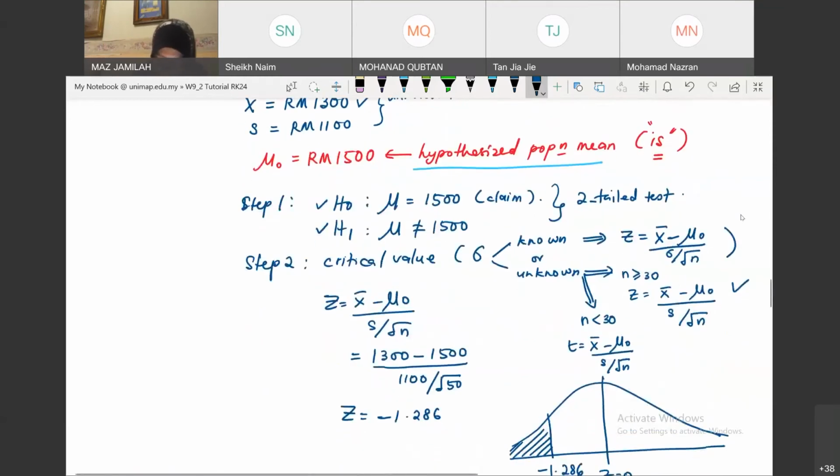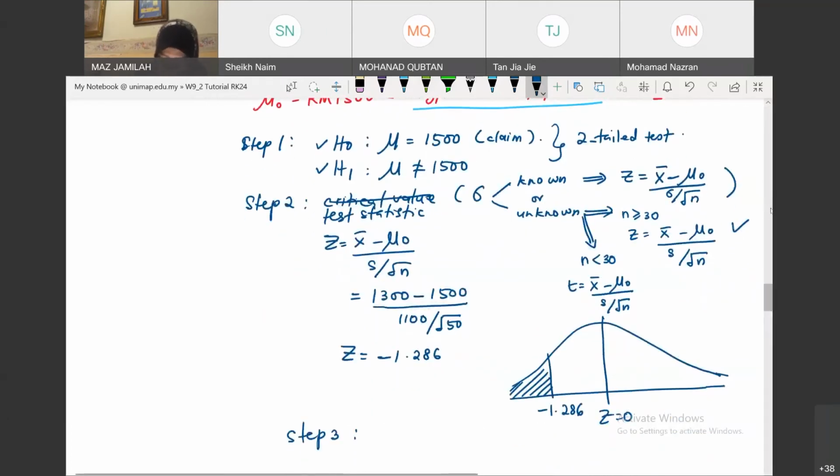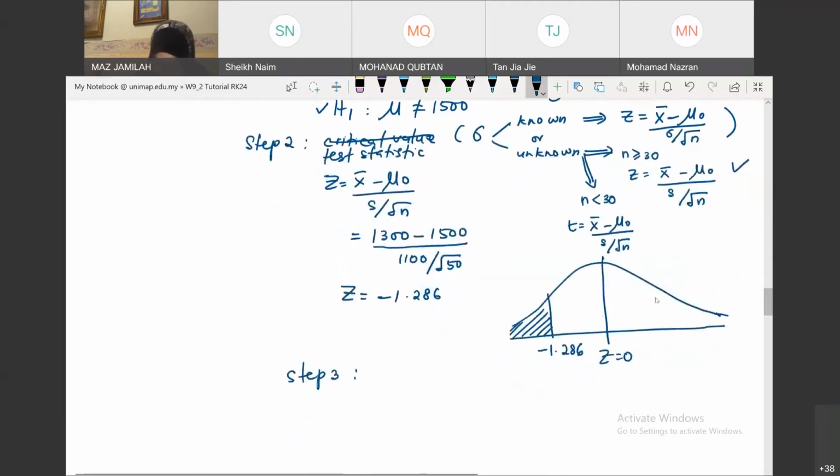This one is actually what we call the test statistic. You can do either, finding the critical value first or the test statistic first. Let's say the third step will be the critical value.